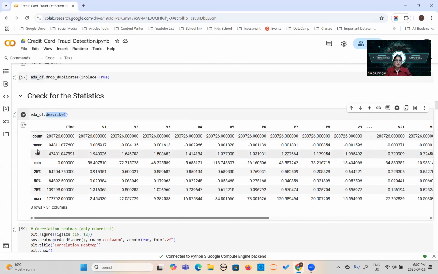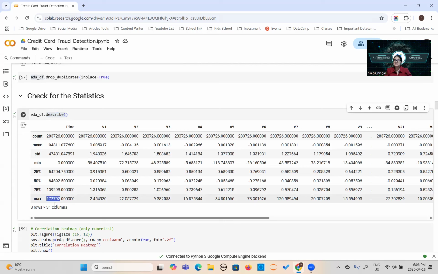Look at this. It is showing the total count of each feature, the mean value, meaning the average value of each feature, and the standard deviation, the range of data variation. The minimum value of Time is 0 seconds, and the maximum is 172792 seconds.